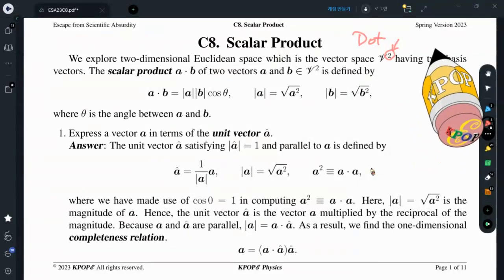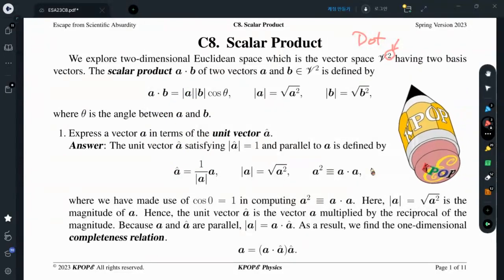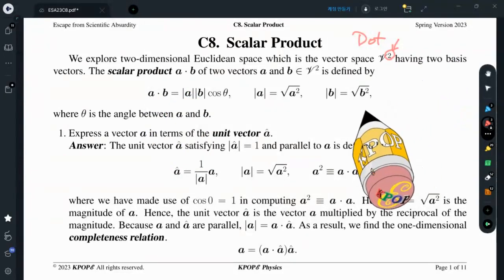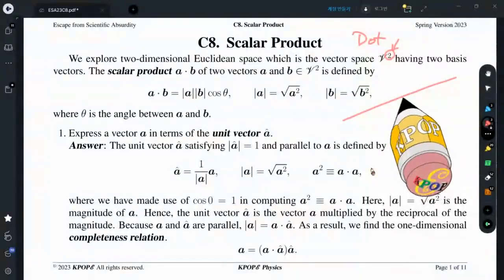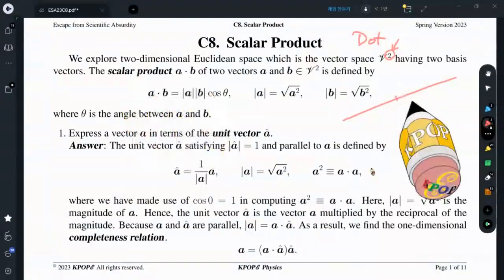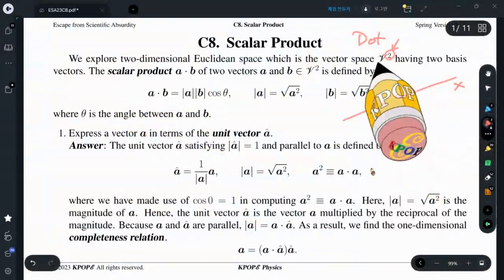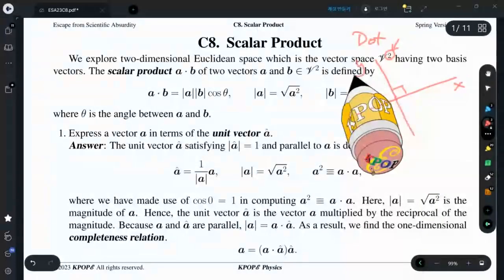In that case, previously we studied the one-dimensional vector space that can be represented by just a straight line, the number line. But in the two-dimensional case, we introduce two orthogonal, perpendicular axes.